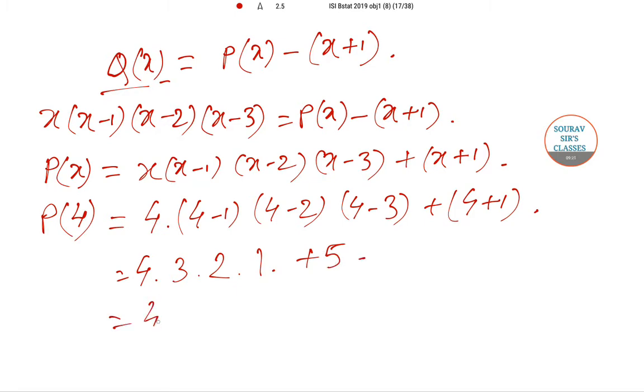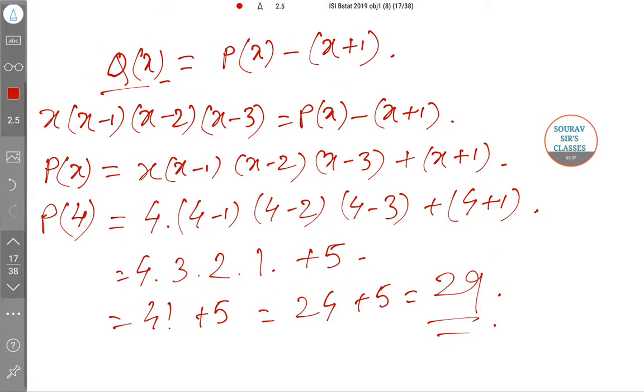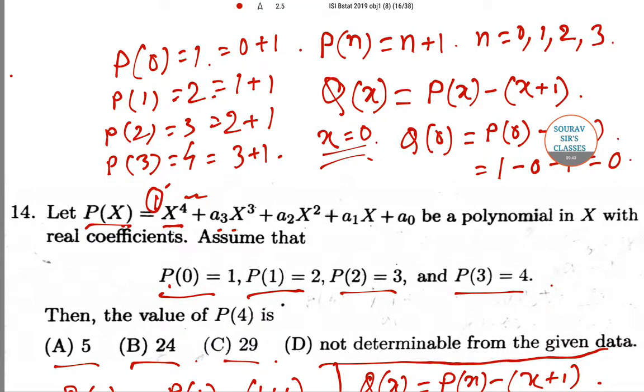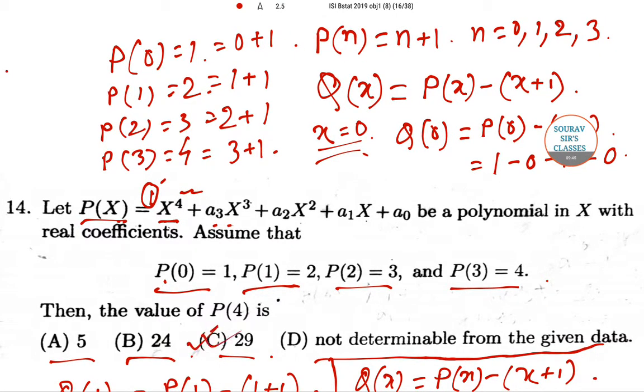It is 4 factorial plus 5. 4 factorial equal to 24, plus 5 equal to 29. So our answer is 29. Option C is the correct answer.